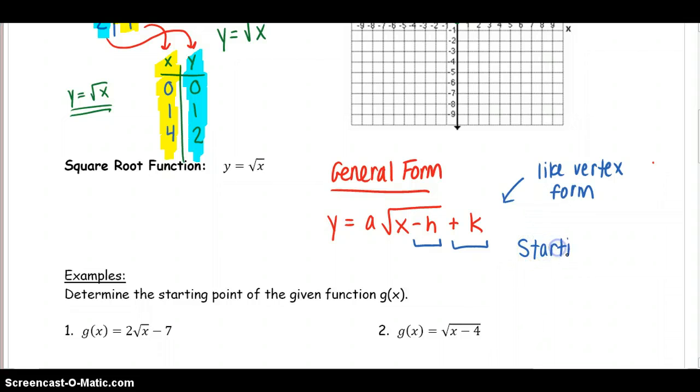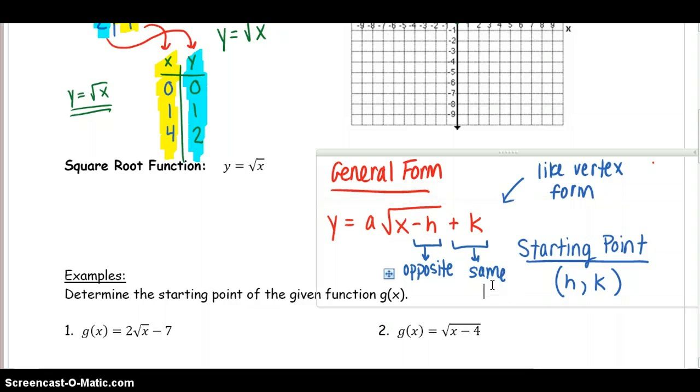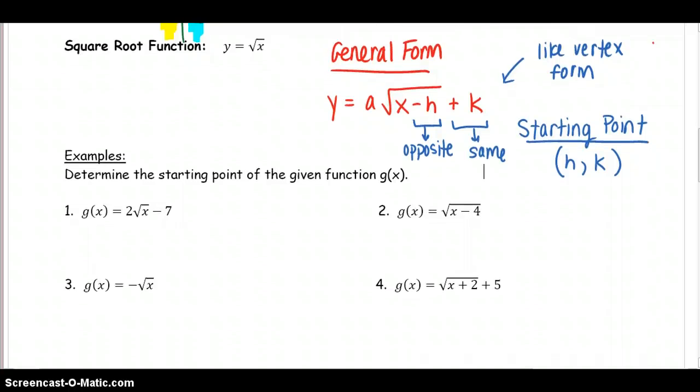So for a square root function, the starting point, it's the same idea as the vertex in that it's the point h comma k. So it's the opposite of the number inside the square root that you're adding, and the same as the number that you're adding on the outside. Okay, so let's take a look at this in these next few examples.